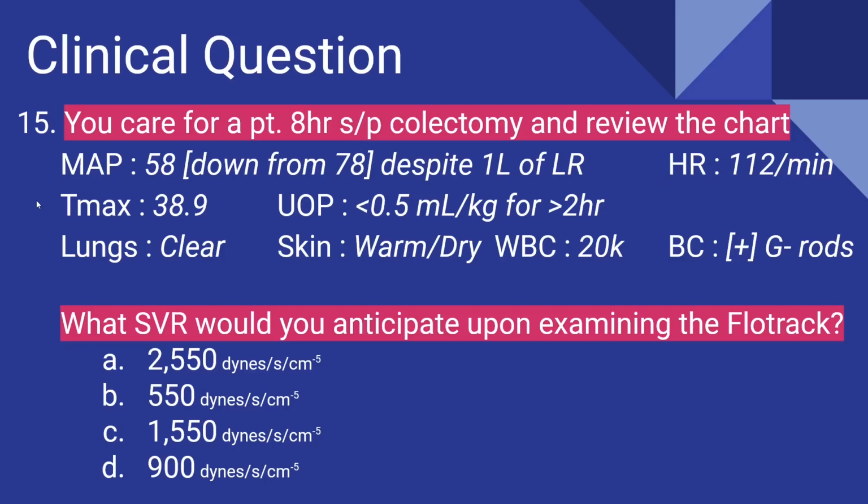They have an elevated heart rate, elevated temperature, a low urine output. Their lungs are clear, warm and dry. They have a high white blood cell count and a positive blood culture. So you hook them up to a FloTrac, and what would you expect as a systemic vascular resistance?